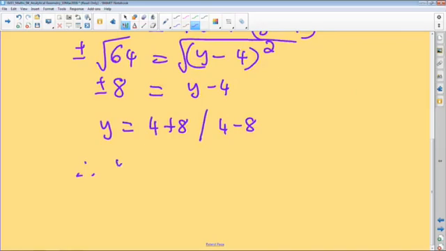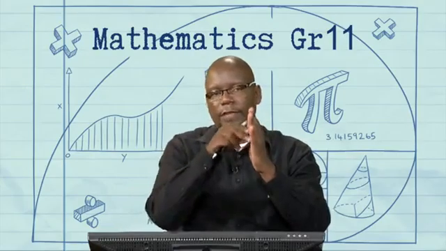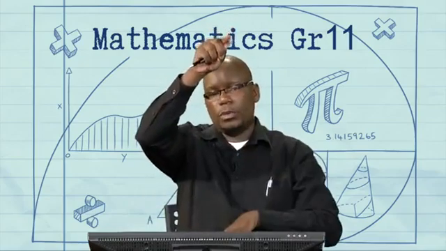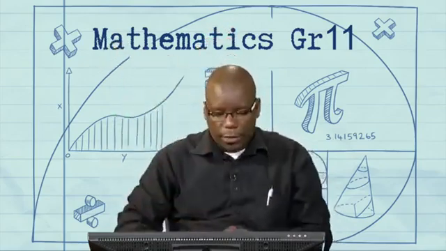Therefore, your conclusion would be y is 12 or y is negative 4. But if you've drawn a picture, you'll see that there will be two possible y values there, for minus 7 and y, and then minus 7 and y, going to that point.